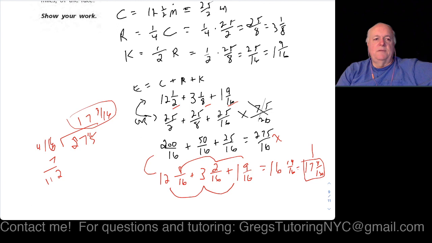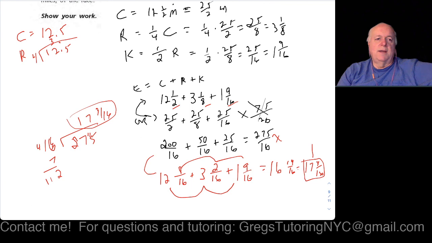Because if C is equal to 12.5, and R is 1/4 of that, so it's going to be 12.5 divided by 4, right? We're going to get 3 point, and 4 goes into the 1.